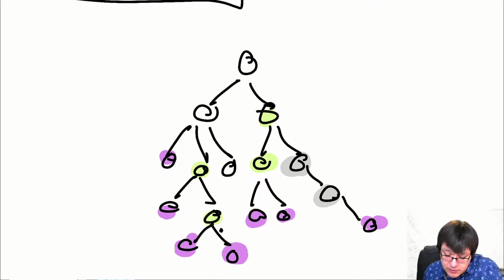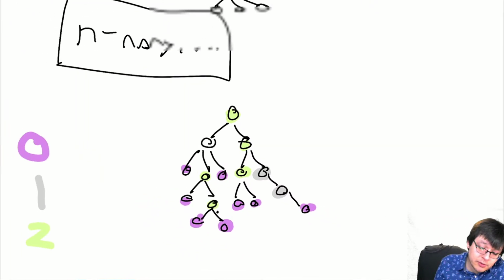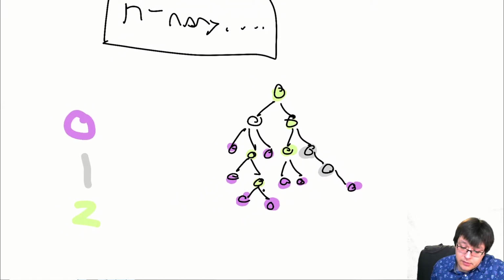I just found another single-child node, which is this one. And then here, one more with 2 children. And we have one more node here, and that one actually has 3 children.